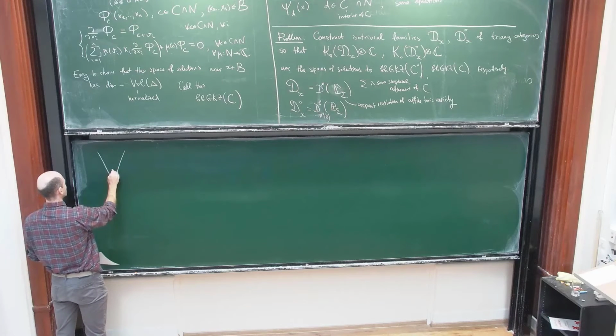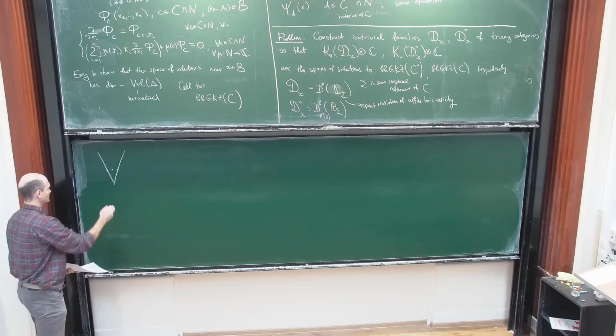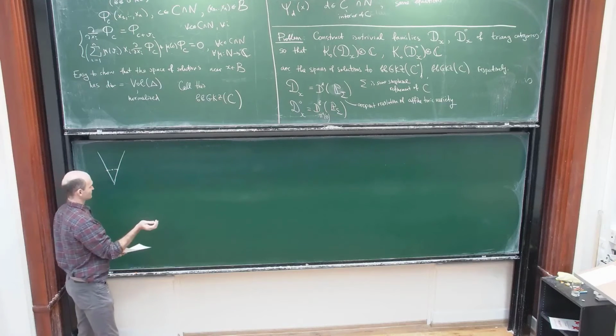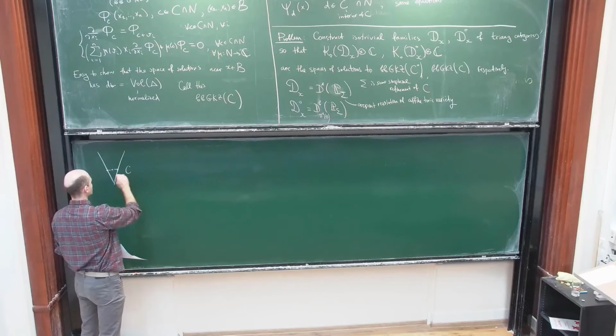So we have this cone. I'm going to draw it this time just like that, and my segment will be just a length 2 segment. And this is my cone C.